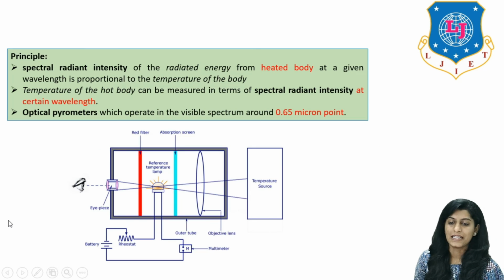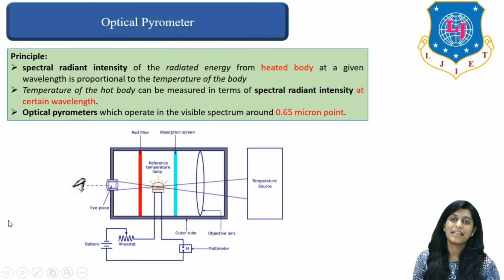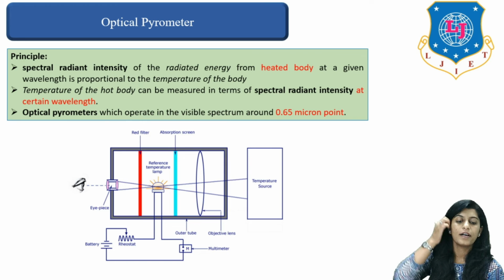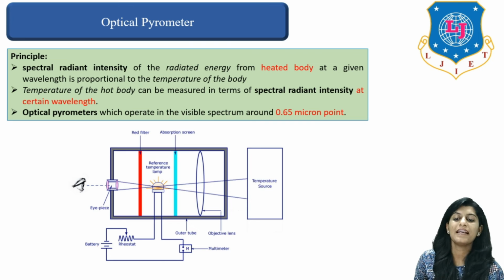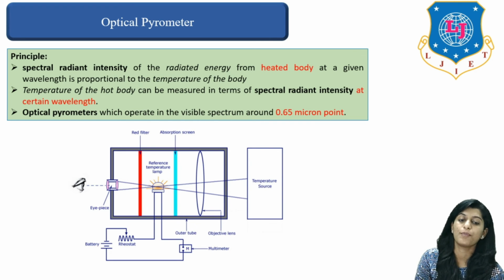Now let us see the next one, which is the optical pyrometer. The word optical itself suggests it has to do with optics. So let us see the principle of the optical pyrometer. The spectral radiant intensity of radiated energy from a heated body at a given wavelength is proportional to the temperature of the body.